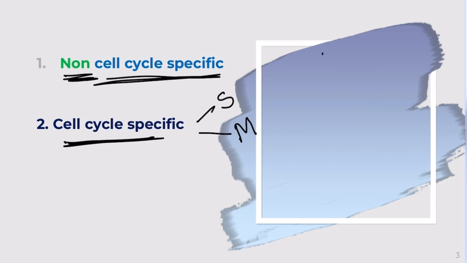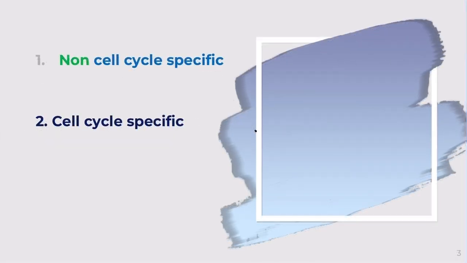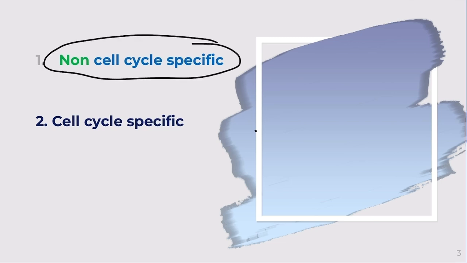Usually, the classification of anti-cancer drugs is 1, 2, 3, 4. 1 is non-cell cycle specific, 2 is cell cycle specific, and I will discuss 3 and 4 later. These are less important. First I will discuss non-cell cycle specific. Very carefully observe the classification.